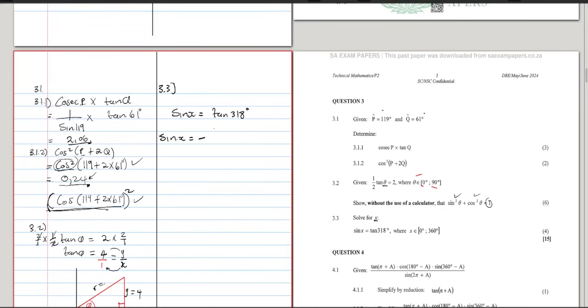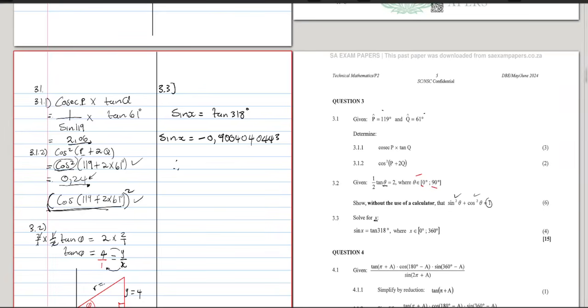So we have sine 318, bingo, that's 0.9004, no, it's 0.443, just 0.443. There we go, 0.443.